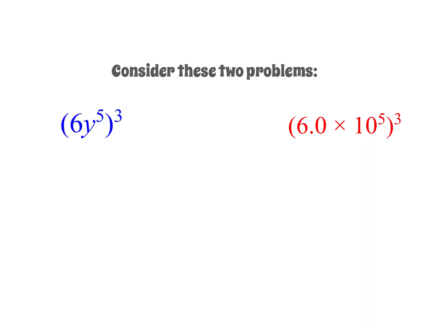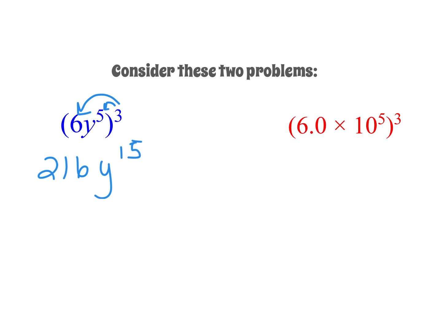Now, consider these two problems. If I'm simplifying 6y to the 5th, all to the third power, I'm taking that whole thing to the third power. So essentially what I'm doing is 6 to the third power, and you multiply your exponents. So 6 to the third power is 216. Y to the 5th to the third is y to the 15th power.